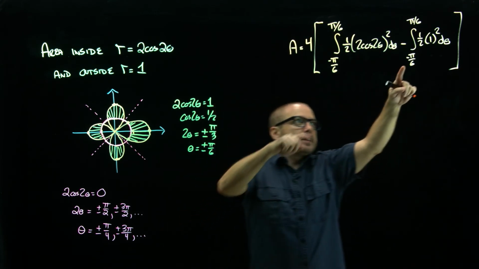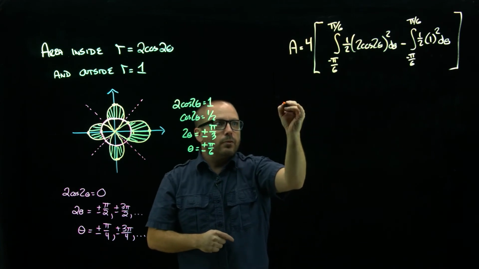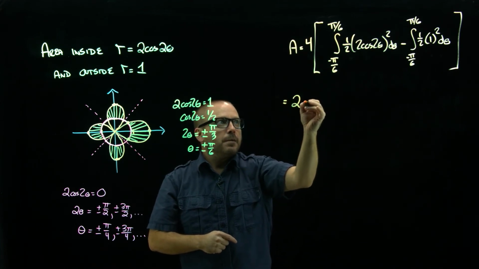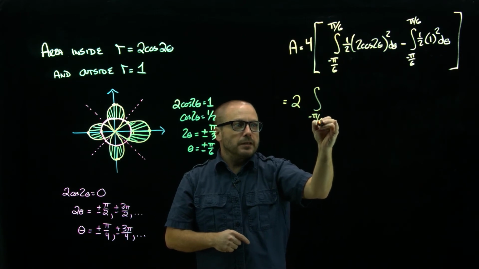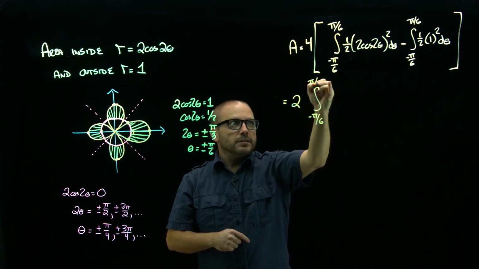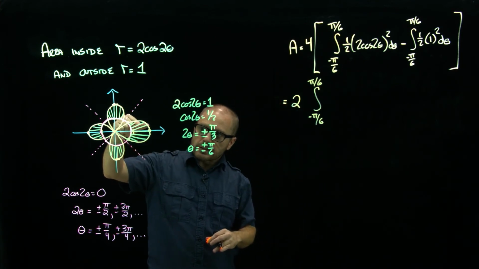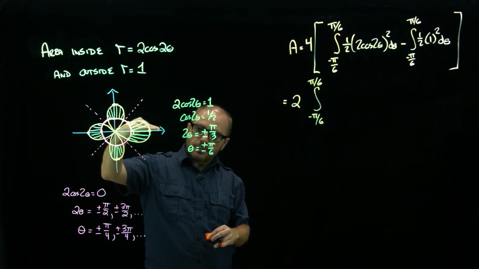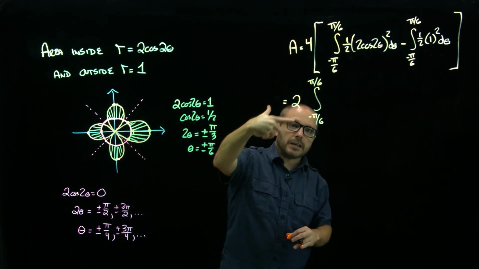So I'm going to take the 1/2 out completely and multiply by the 4, first of all. And so then we would have the integral from negative pi over 6 to pi over 6. And again, you could take advantage of symmetry yet again. This leaf has a symmetry across the x-axis. So we could actually go from 0 to pi over 6 and double it again.